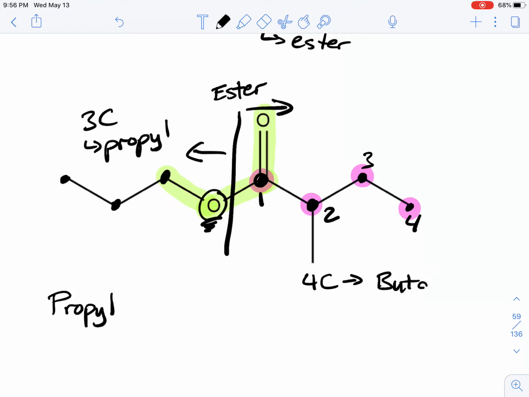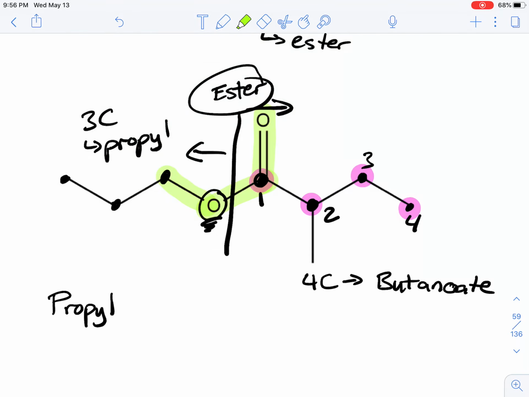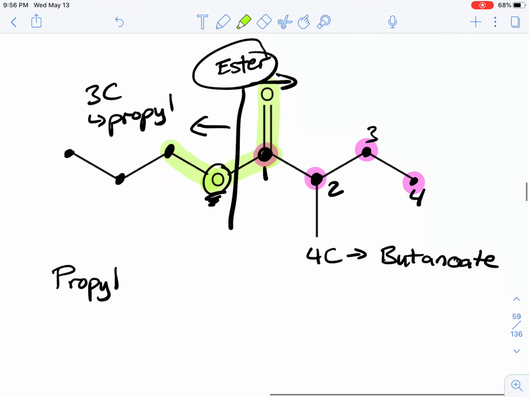Since they're all single bonds, it's going to be butane. Since I have an ester, I need to erase the E and add in -ate. So butanoate is my parent chain. Now, there's an issue with this structure because not all the carbons were highlighted in pink. That means that this carbon right here is going to be a substituent on the parent chain.